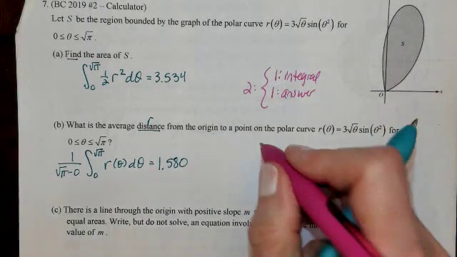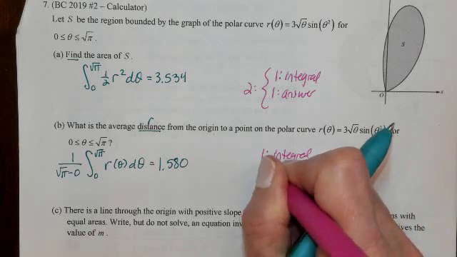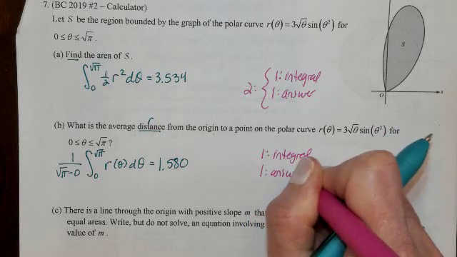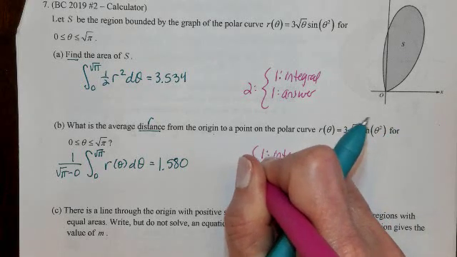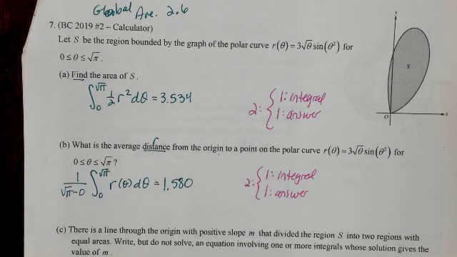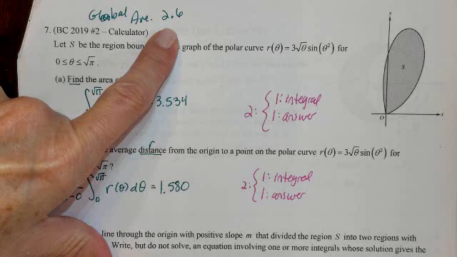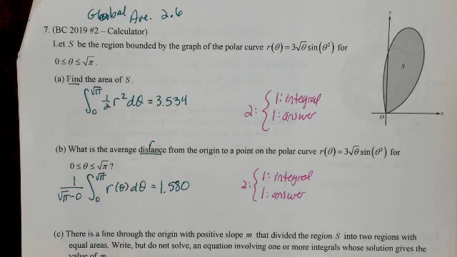This was worth 2 points. 1 point for the integral, 1 point for the answer. I'm hoping that you got at least those 4 points and you were well above the global average.